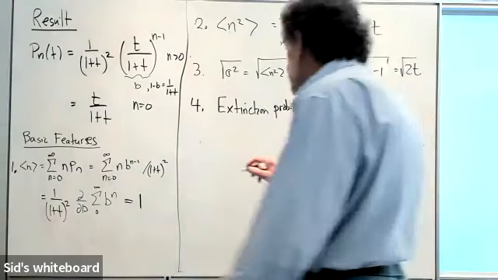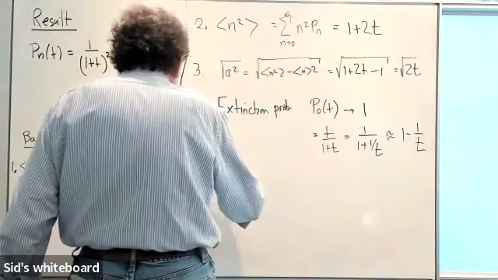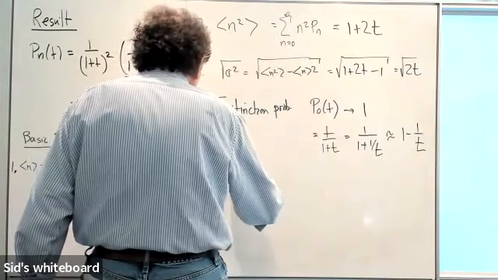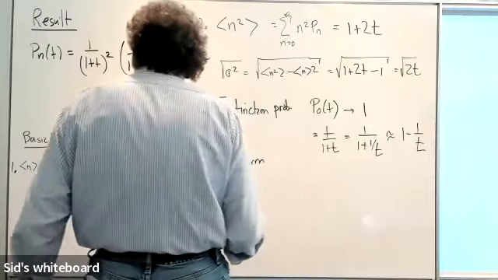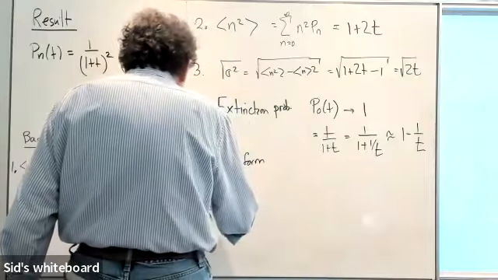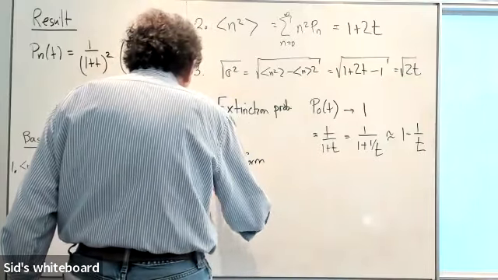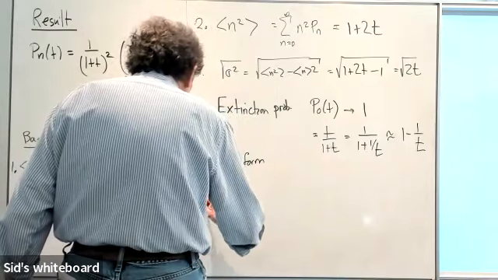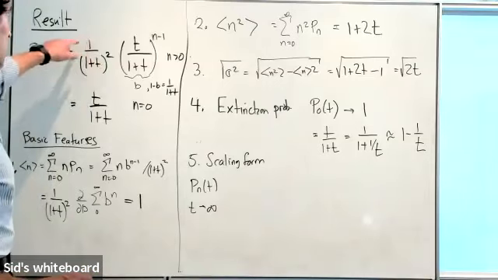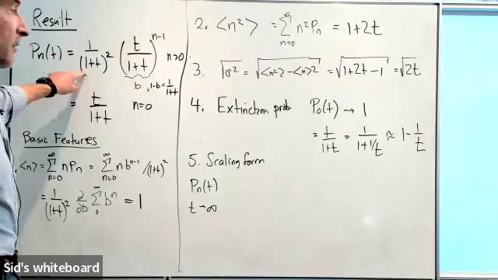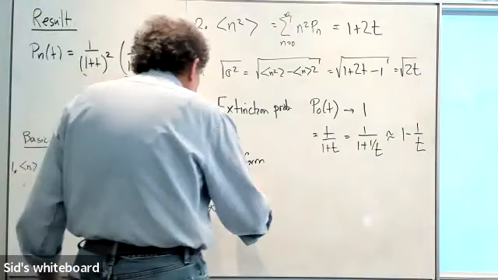And the last point is, again, the scaling description of the distribution, the scaling form. We're interested in Pn of t for t going to infinity. What does that look like? For t going to infinity, we can forget about the 1 here, so we get 1 over t squared.